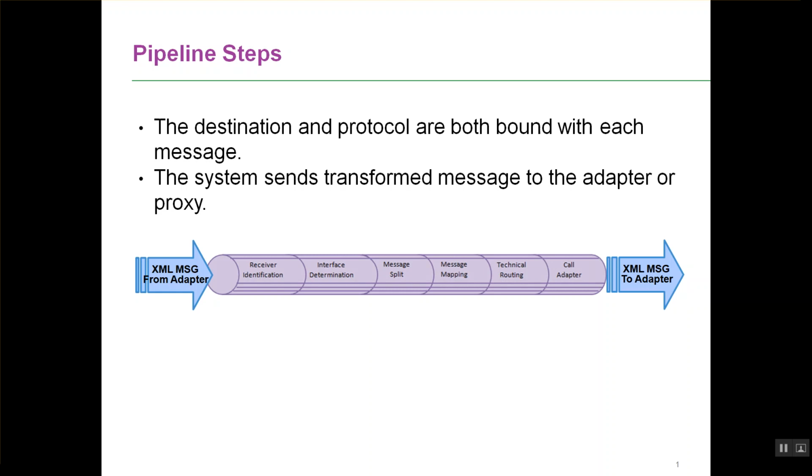Those were the configuration objects that we built, and they were used to bind all of the enterprise service repository objects that you built together. So what do we mean by pipeline steps? Pipeline steps is the execution of your design time and configuration time through a defined set of steps in PI. So basically this is the runtime step that gets executed for any interface in PI.